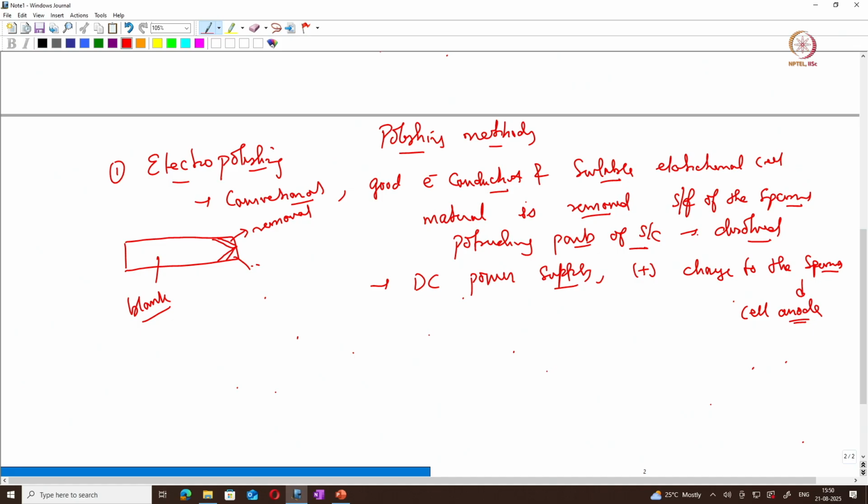Okay, and this particular specimen is immersed in a liquid electrolyte, together with a cathode.